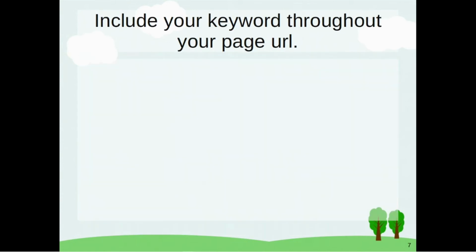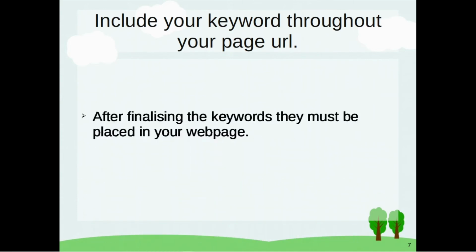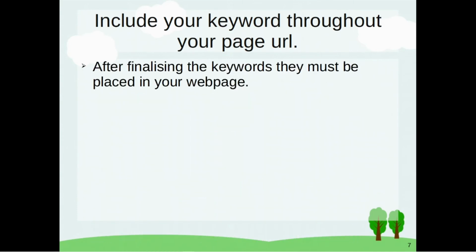And next we will see how to include your keyword throughout your page URL. After finalizing the keywords, they must be placed in your web page. Suppose my company is a book selling company.